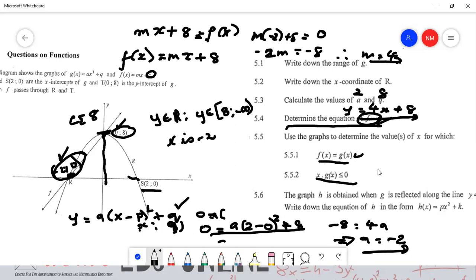Can you please work this one out, please? x times g of x less than or equal to 0. And let's see what you get there. Let's remove this.